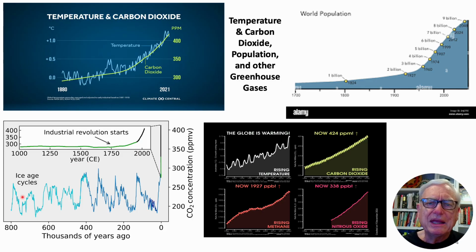And now you frequently hear people say the climate's always changing. What's going on right now isn't necessarily anything new and unique. Well, here's a chart that goes back 800,000 years. And you can see we have these ice age cycles, as they call them, where the level of carbon dioxide goes up and down. It goes from a little bit under 200 to a little bit under 300 at the top.